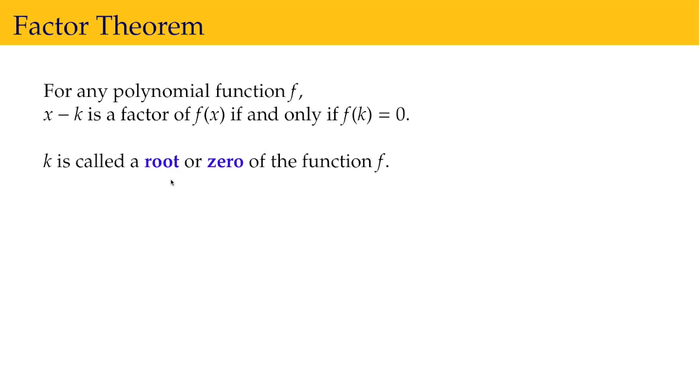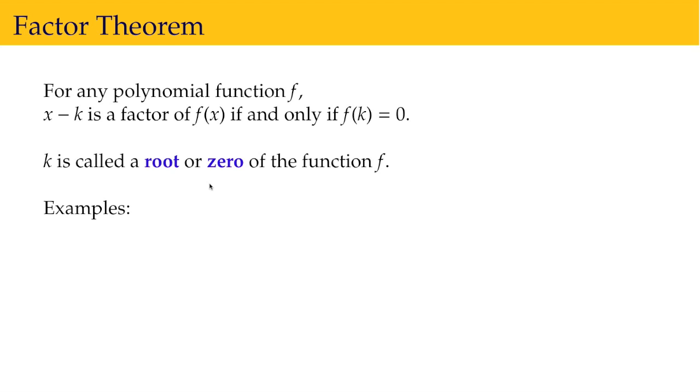These two vocabulary words will be used interchangeably. You will be expected to know that they are interchangeable, and you will be expected to be able to handle a problem whether it asks for roots or zeros, and you should know that those are the same things.